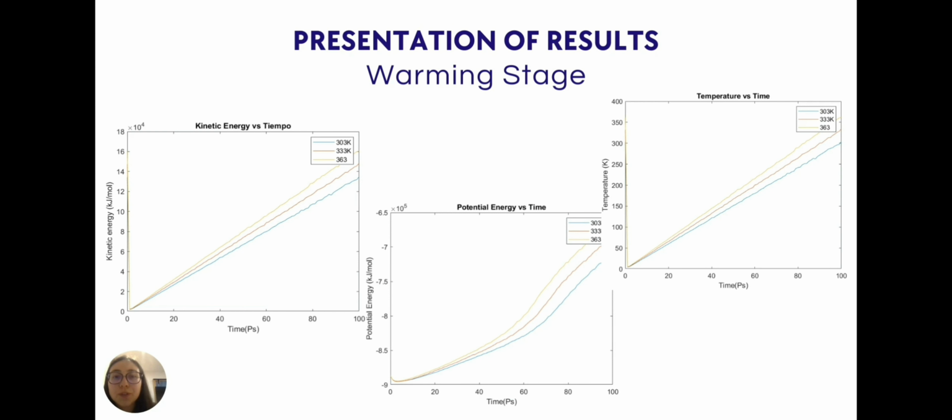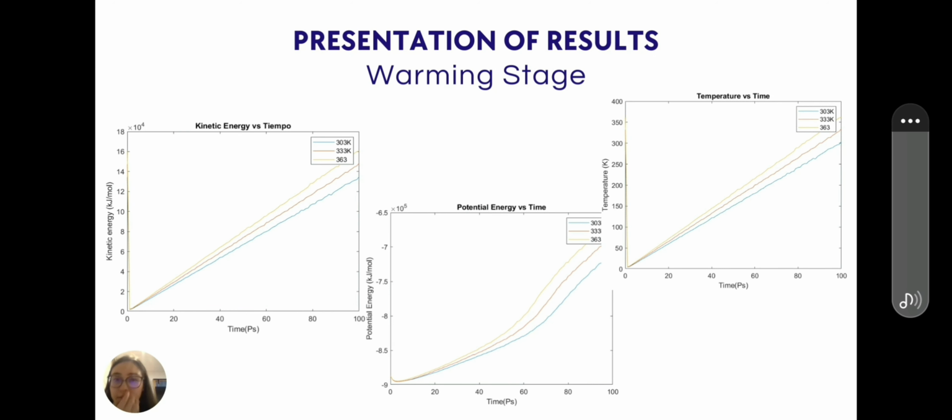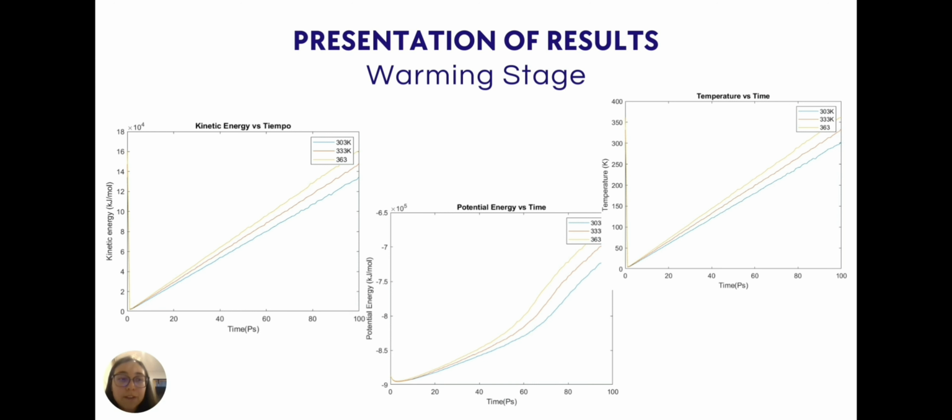I'm going to present the results of the three stages and also the analysis of these results. In the first stage, we have the warming stage, in which we minimize the potential energy and we charge a molecule with kinetic energy in order to charge all the system.